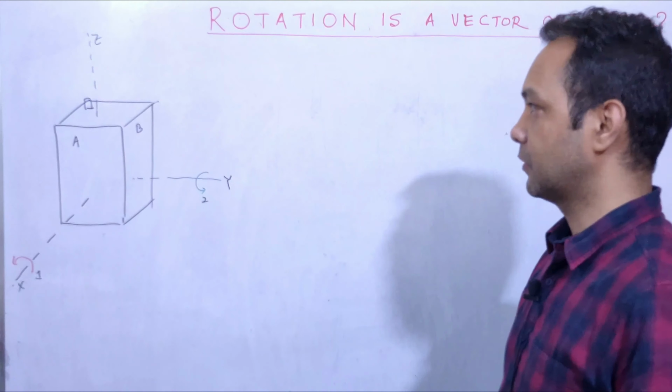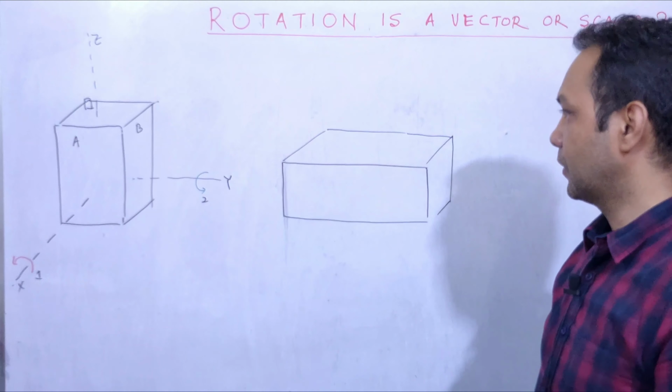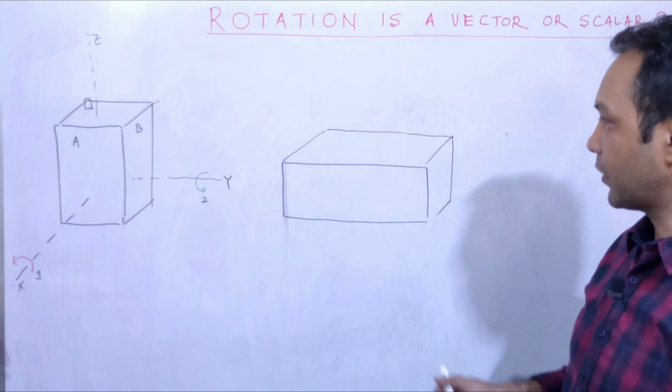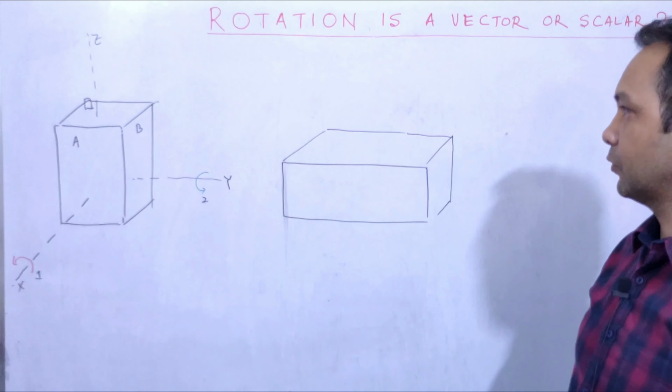So after completing the first rotation, the body will come to this position and the B that was here will come here, and my A will come to this position, and the cap that was here will be somewhere here, which will not be visible from this position.